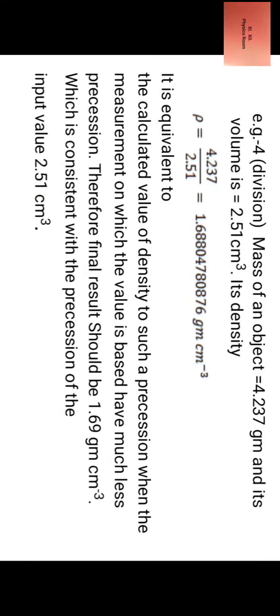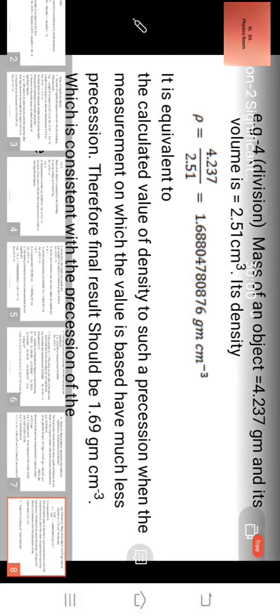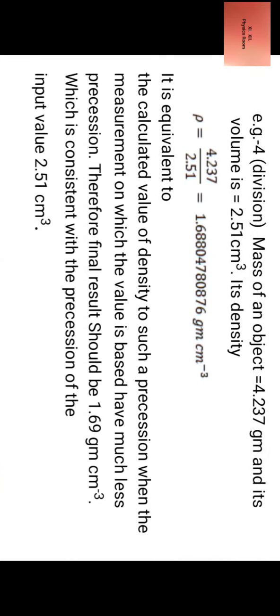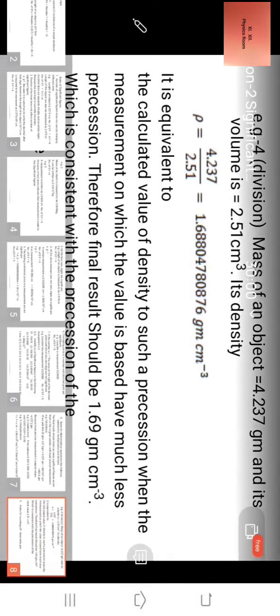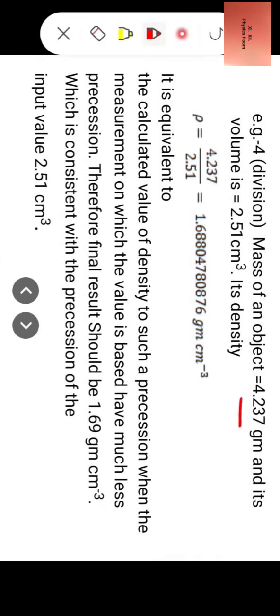Example 4, case of division. Mass of an object is equal to 4.237 gram and its volume is 2.51 centimeter cube. Its density rho is 4.237 divided by 2.51. It is not sensible to quote the calculated value of density to such a precision when the measurements on which the value is based have much less precision.